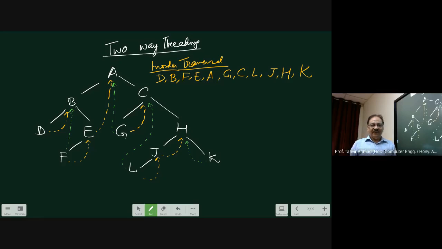Fine. You have filled all the links except two, the left of D and the right of K, which is not there. Now for that, what I will do is maintain a header node.